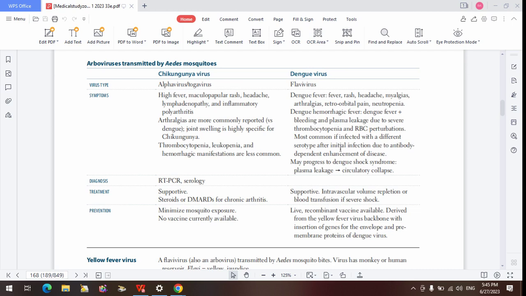It occurs when you're having a second infection with dengue virus of another serotype. I think we have about 4 serotypes for dengue. So if somebody has dengue infection for the first time and it's resolved, then is now having infection with another serotype, that one is going to come in very severe and can progress to form the hemorrhagic fever. Why? Because of the antibody dependent enhancement of disease, ADE.